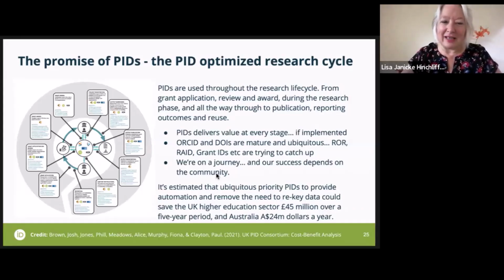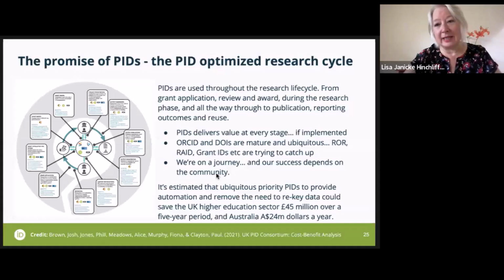It really, though, has some real financial benefits. It's estimated, for example, that if the priority PIDs, ORCIDs, DOIs, and the like, provided automation and removed the need to rekey data, it could save the United Kingdom higher education sector £45 million over a 5-year period.